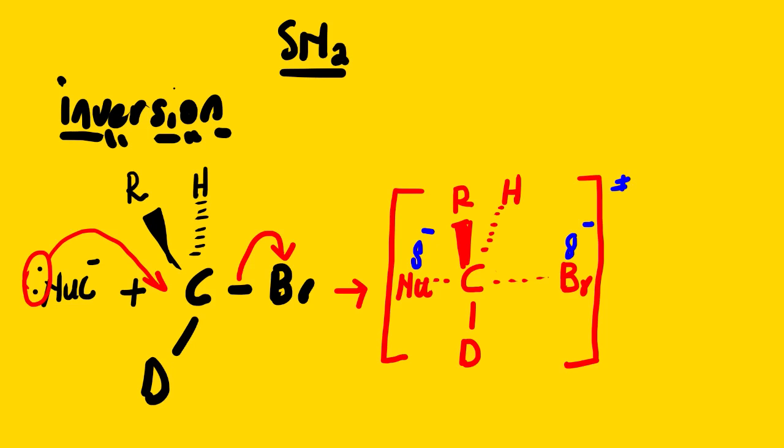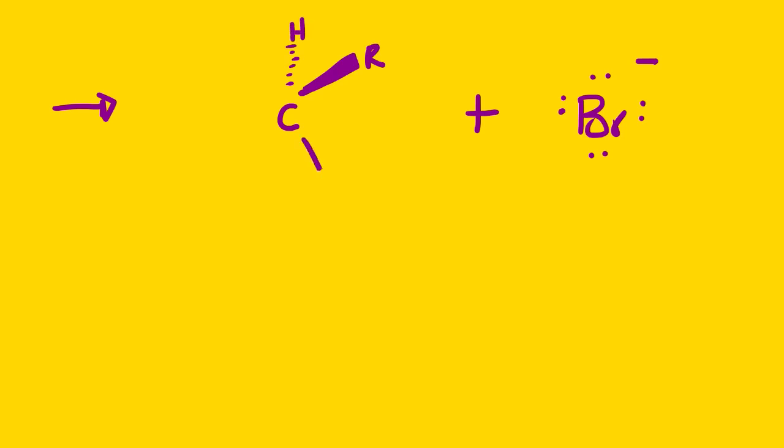After the reaction, we are no longer going to have this, but we are going to have our new substances, which are the product and the leaving group. Our leaving group will definitely be Br with lone pairs and a negative charge. And then we have our new product. This represents the inversion of configuration.